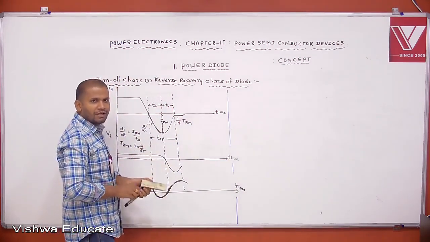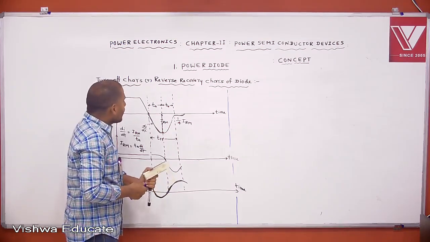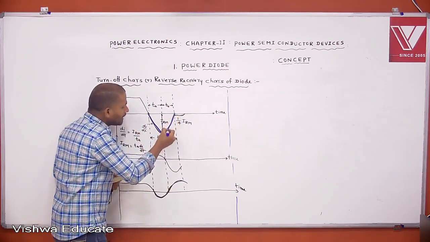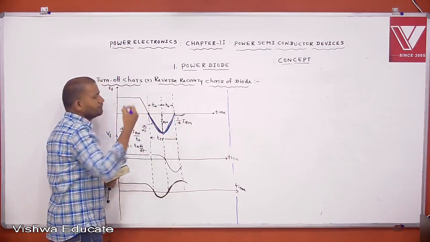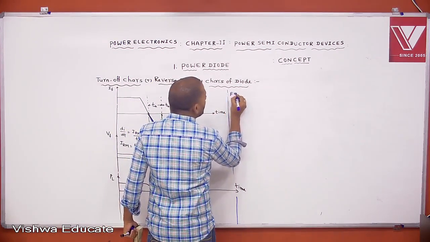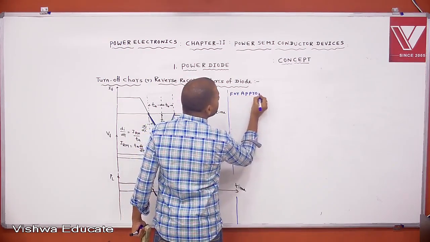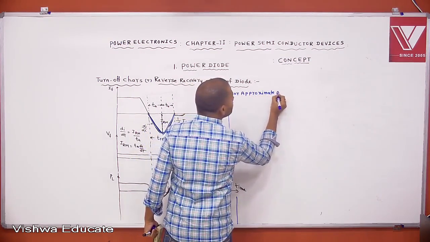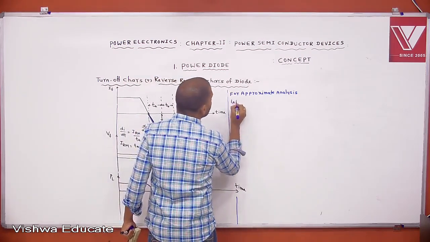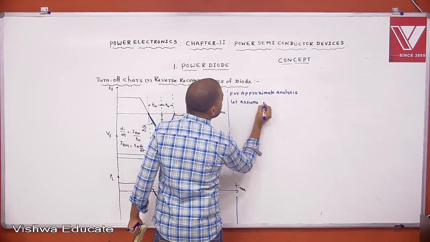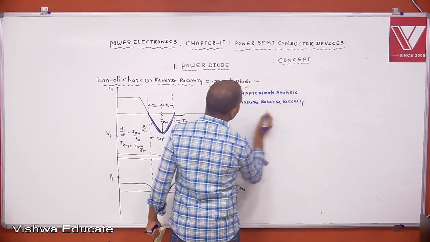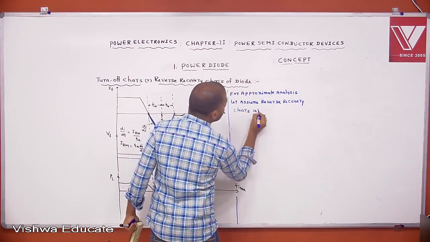For approximate analysis, let's assume the reverse recovery characteristics of the diode are triangular.